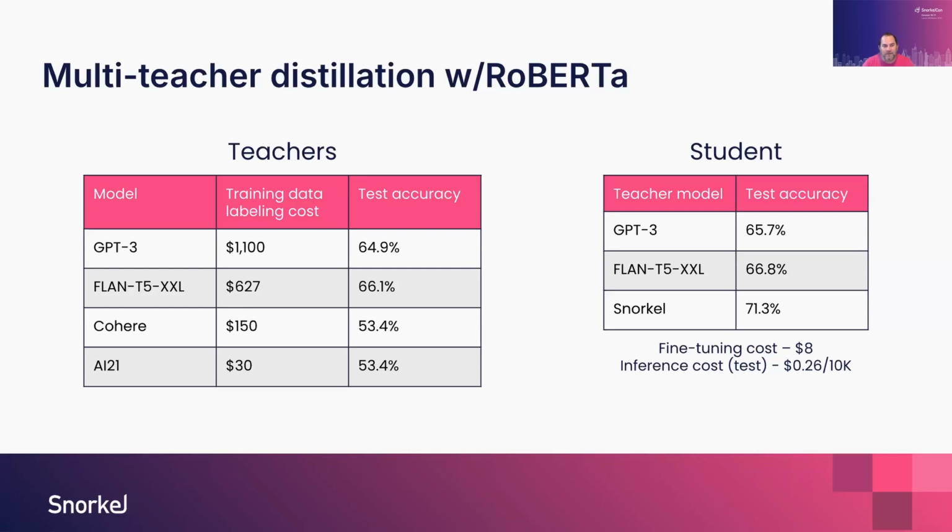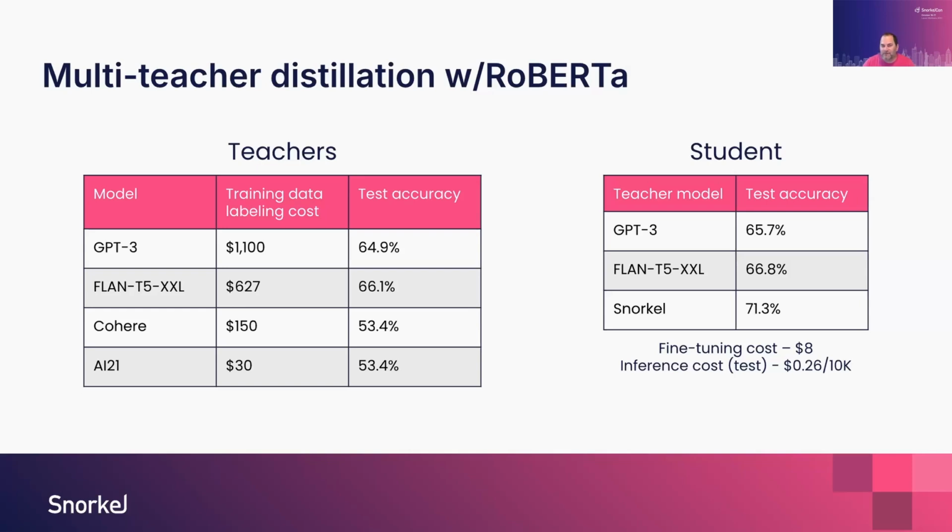GPT-3 was the most, but we used a handful of models available to us with varying degrees of accuracy. What you see on the right, those first two rows, is the accuracy of our fine-tuned Roberta model using just the labels from that specific teacher.